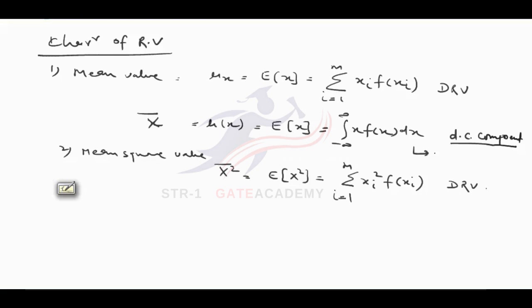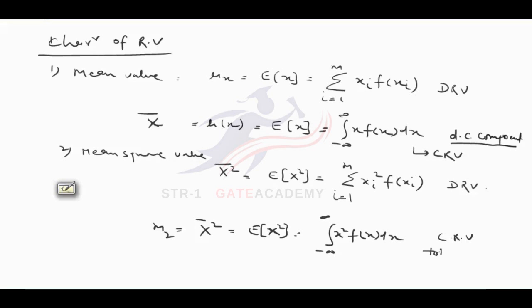For CRV, I write this equation once again: E of x square for continuous is the integral of x square f(x) dx. This is, in the CRV domain, total power, known as m2 also. Mean value is known as m1 also.